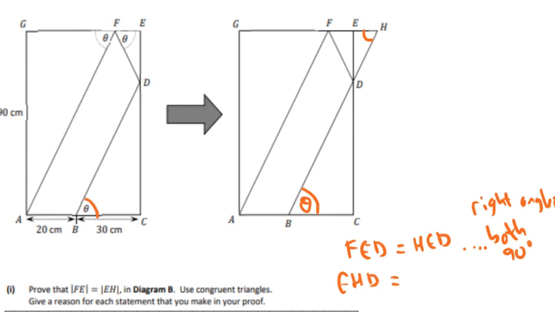Okay, so EHD then has to be equal to DFE. So DFE we know is theta anyway, because over in the other diagram it says it's theta. So this one here has to be theta as well because it's the same thing.